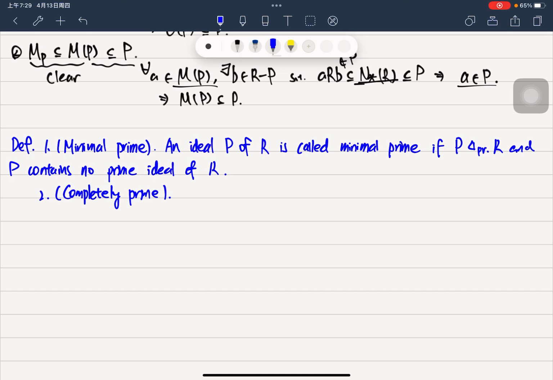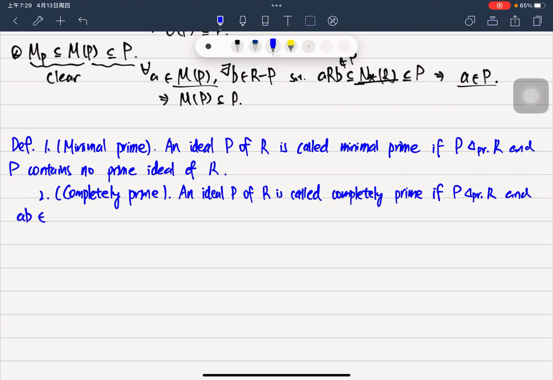In my eyes, completely prime is better than prime, which is that an ideal P of R is called completely prime if P is prime and ab contained in P implies a is in P or b is in P for any elements in R.